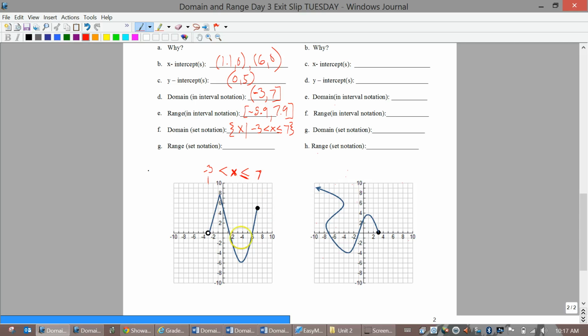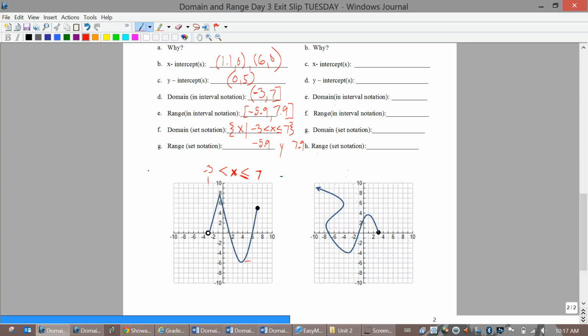Range, we do the same thing. Furthest down, what values could y be? Furthest down, we said was like -5.9. Furthest up, we said was like 7.9. And we know that y is squeezed between the -5.9 all the way down and the 7.9 all the way up.